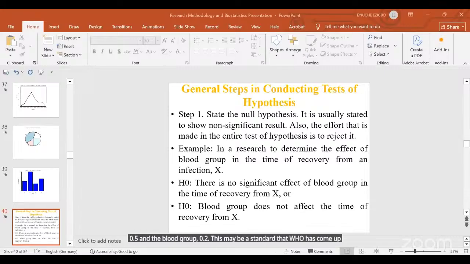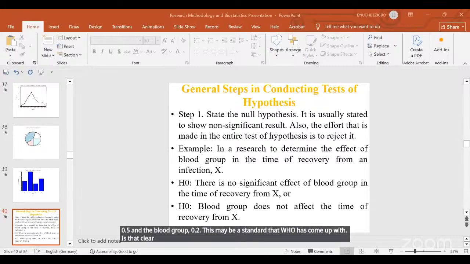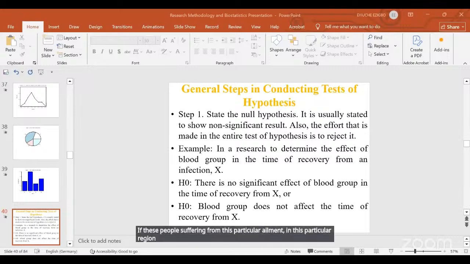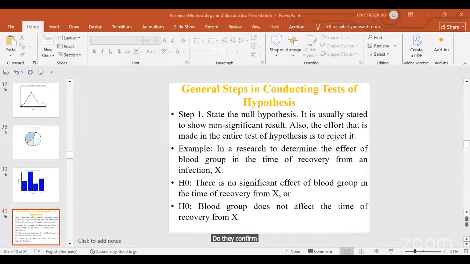Is that clear? And the interest of my research is to find out if these people suffering from this particular ailment in this particular region, do they conform to WHO standard? Are you getting me? In this case, when will they conform to the WHO standard? If their proportion differs in line with what WHO has stated.